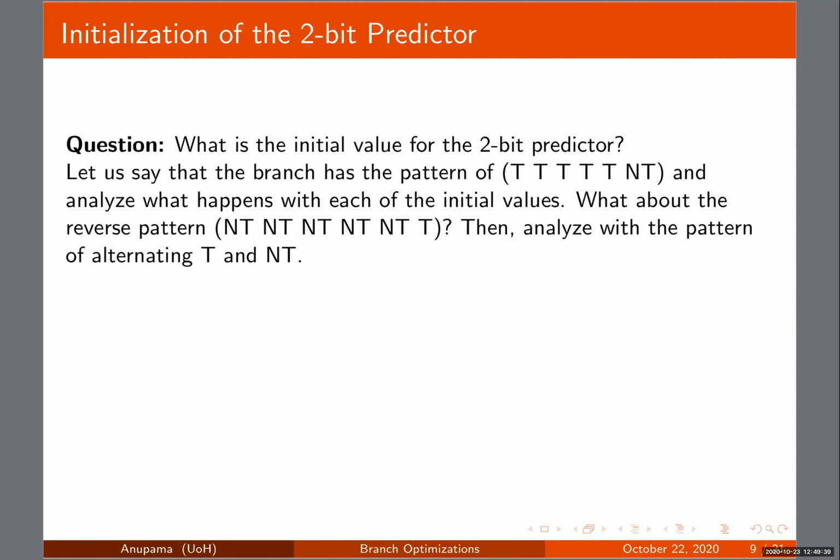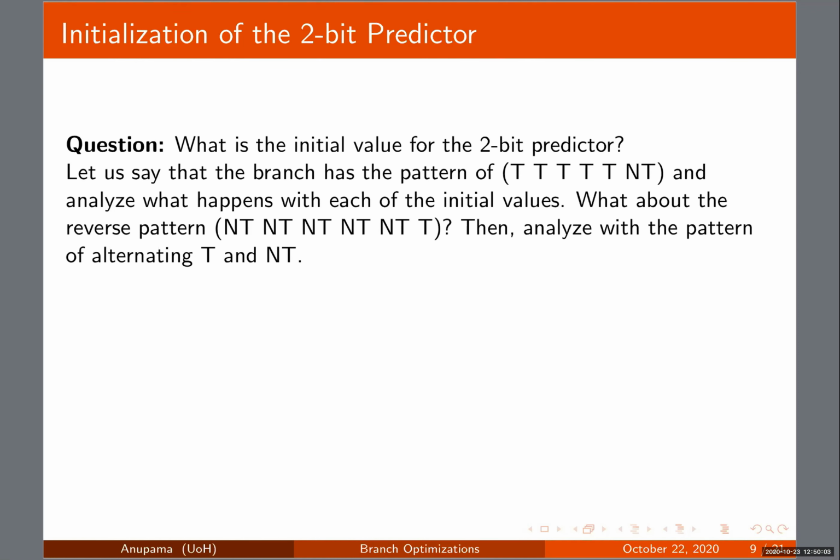See, for the single bit predictor, we said we'll start with the not taken assumption because that makes more sense. Because taken is true only for branches, and branches make up about 20% of all instructions. Therefore, not taken is a good initialization for the single bit predictor. But what about the initial value for the 2-bit predictor?